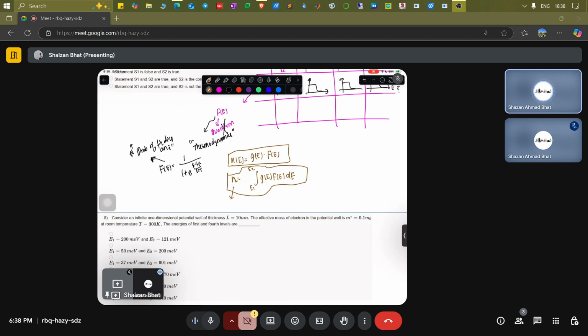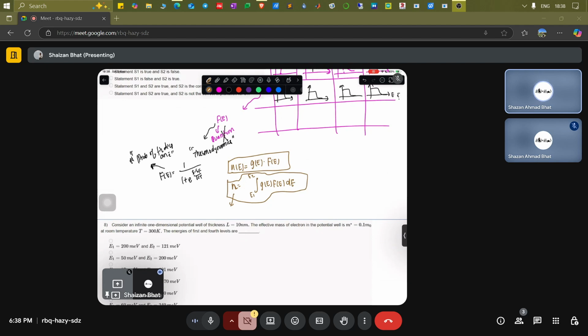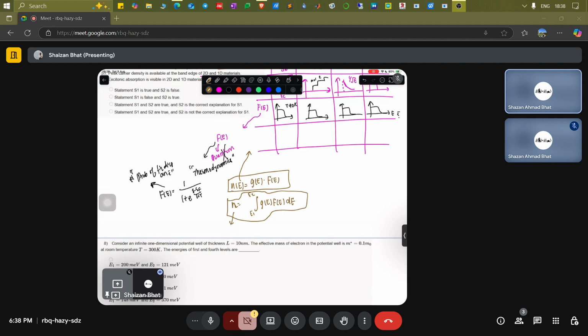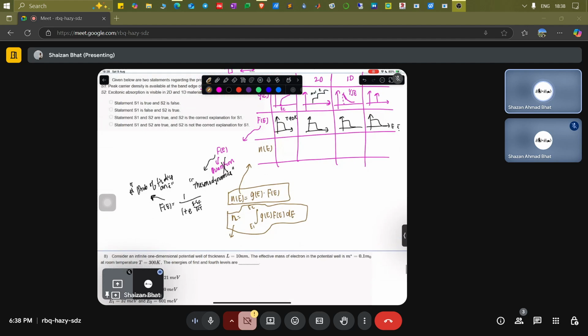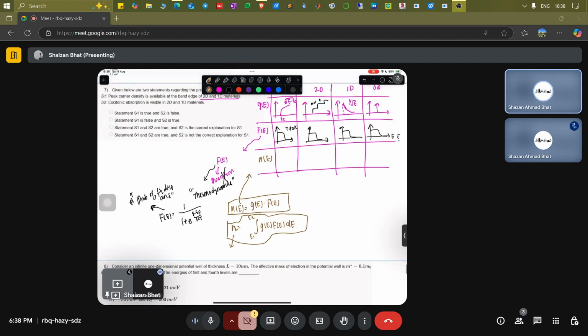It will no longer be a function of E because you're integrating with respect to E. So that's why you can draw N of E. And how do you draw it? You just have to multiply these two: the density of states with the Fermi function.